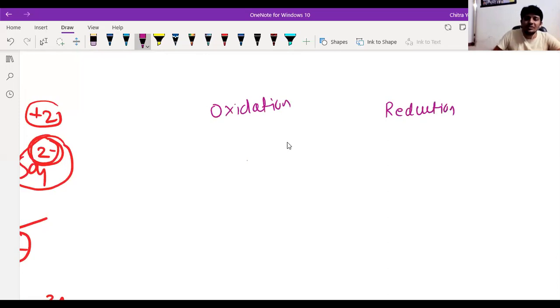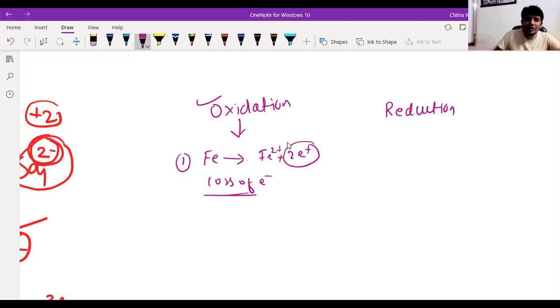Oxidation reaction means those reactions in which a species loses electron. We had discussed ferrous losing 2 electrons to form Fe2+ ion. So loss of electron takes place, it is an oxidation reaction. This is the first condition for oxidation.